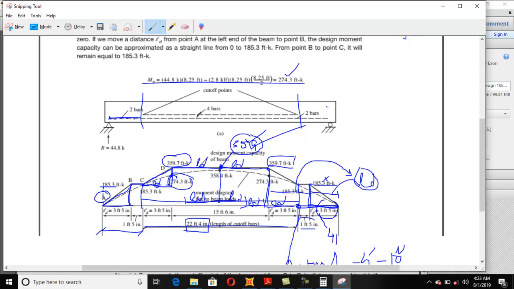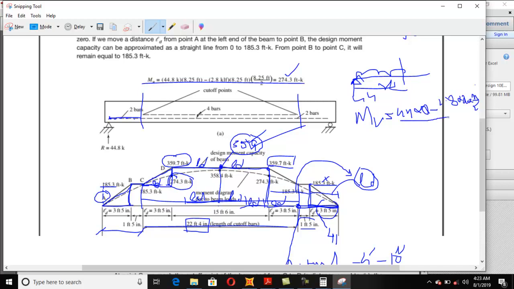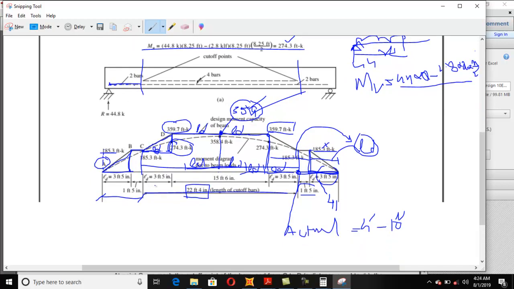For this, naturally, you will write the section equation, the way we write equations. You have the reaction here as 44, clear. Take a distance x, write an equation, and you have the UDL as well as the reactions. So you can write the equation for MU, okay: 44 multiplied by x minus 2.8 multiplied by x into x divided by 2. Clear? So you just do this calculation, taking x is equal to this much distance.